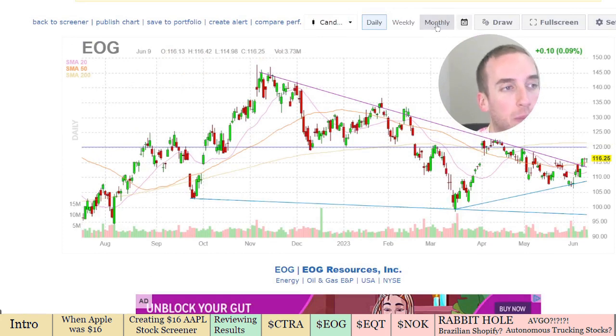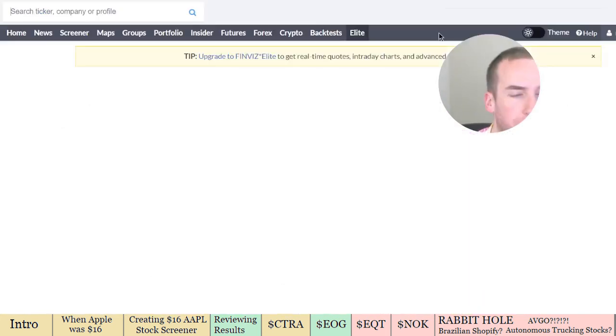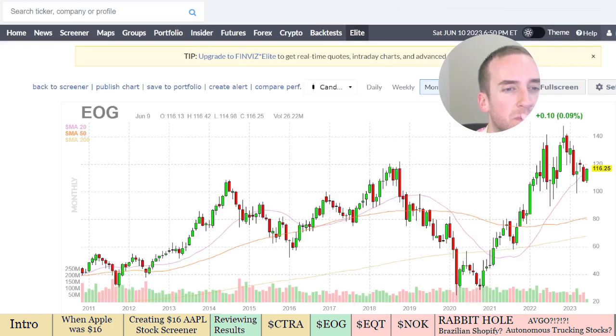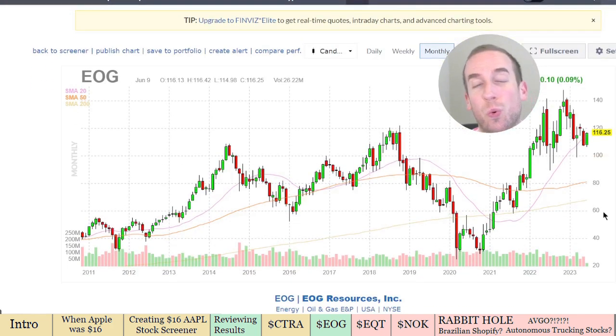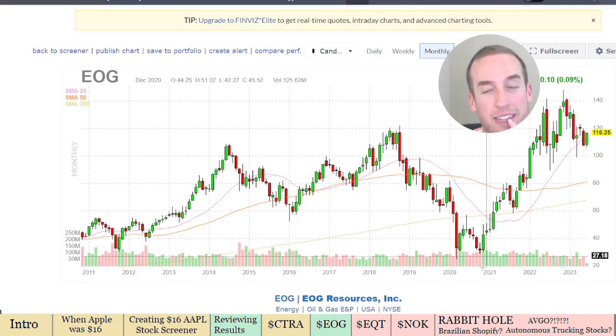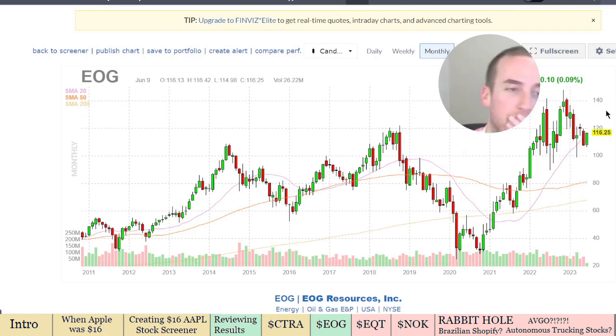And if we look at the bigger picture overall, ooh, this is a big bull flag, you guys. Flagpole right here, flagpole, flag being built, and then a move like this.